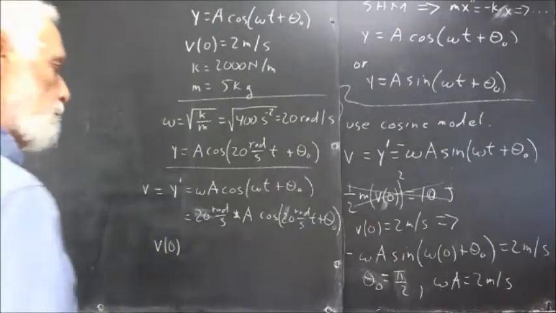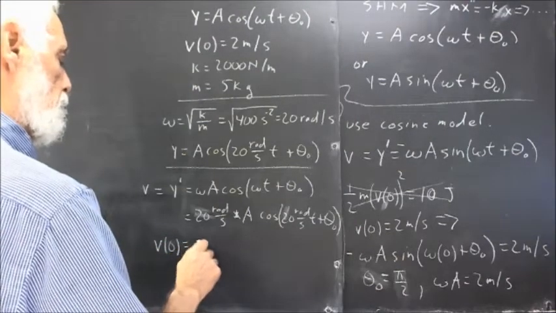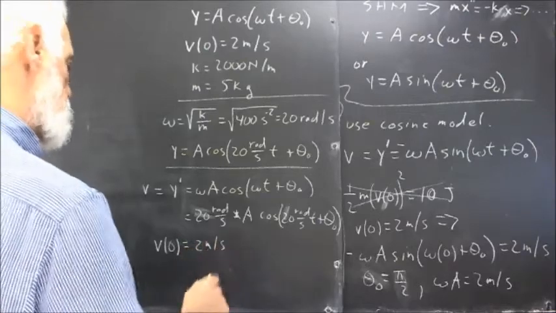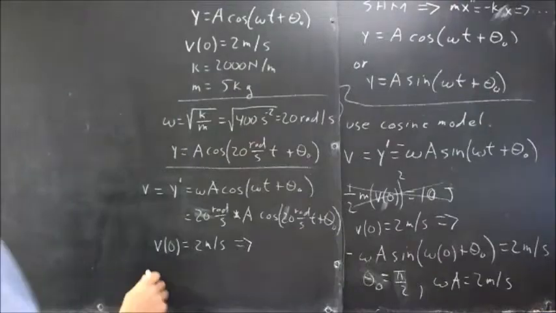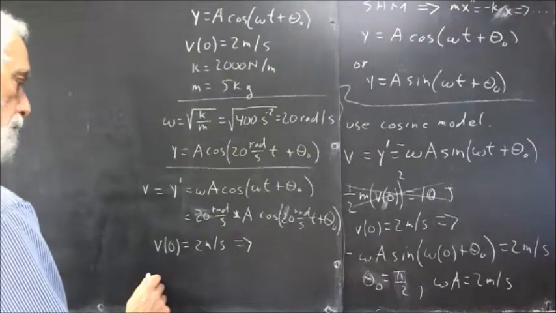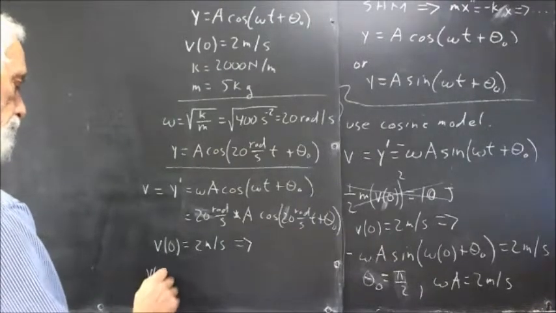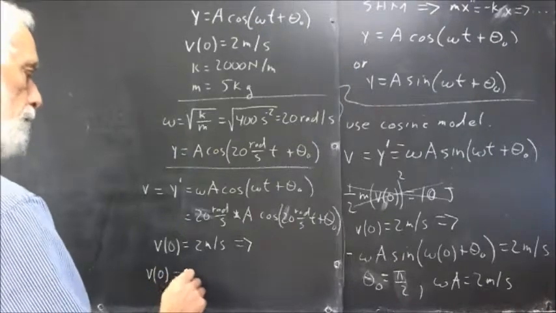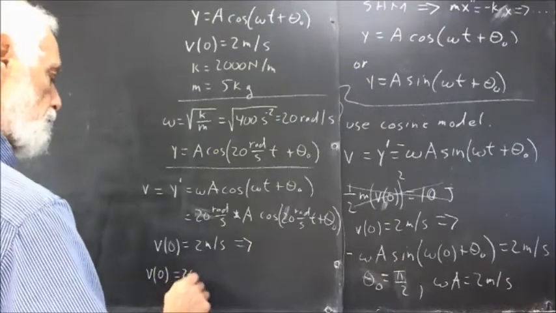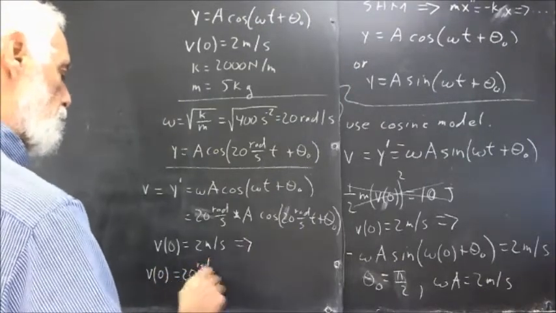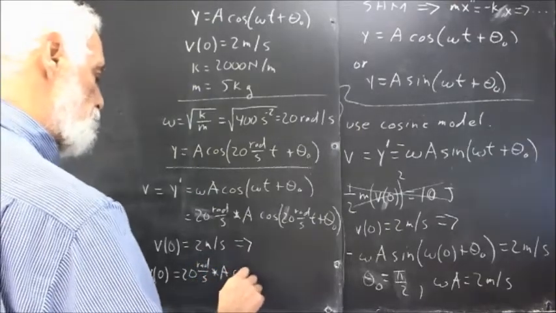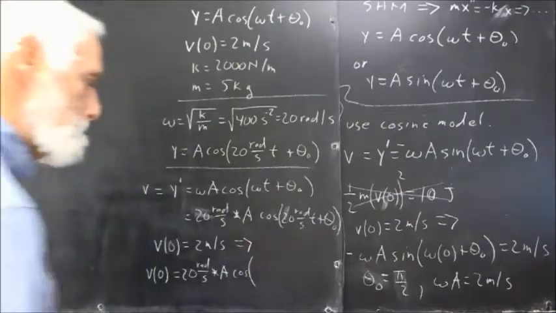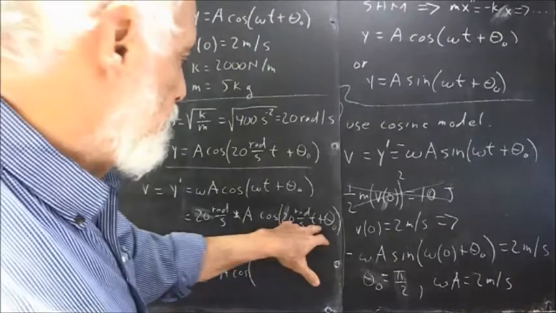Since v of 0 equals 2 meters per second, we get v of 0 equals 20 radians per second times A times the cosine of what? 20 radians per second times t.